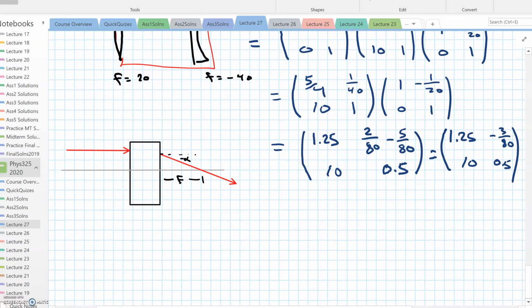So we can look at this very abstractly. What does it look like to send in a parallel ray? Sending in a parallel ray means that alpha is equal to 0. On the other side, our output ray is going to be n times alpha, h2.